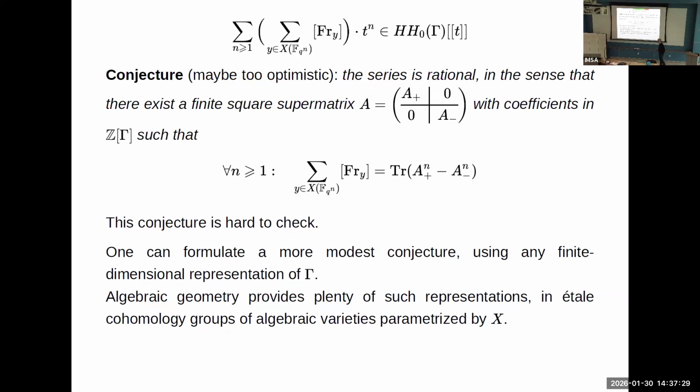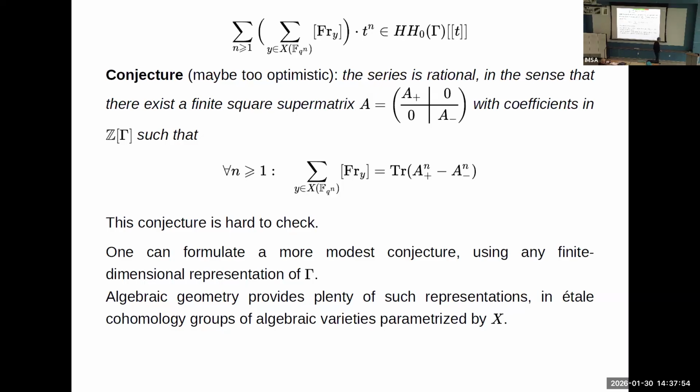It's my generalization of a conjecture. It's the same: the sum of traces, this is just a formulation. It's not only rational, but given by traces of n-th powers of matrices.